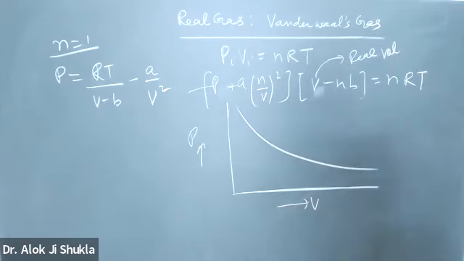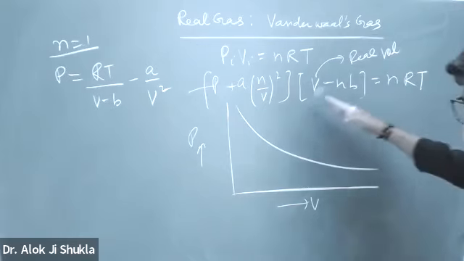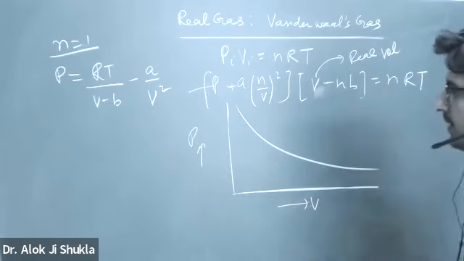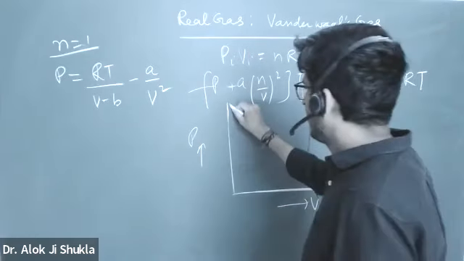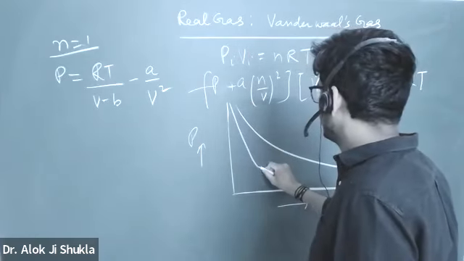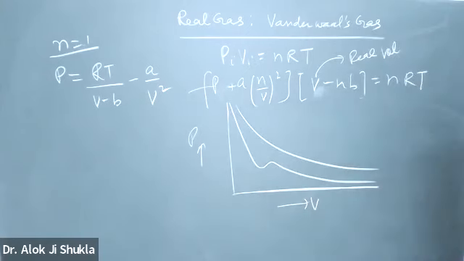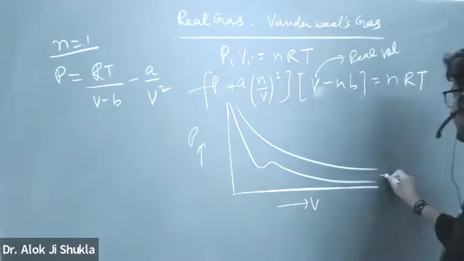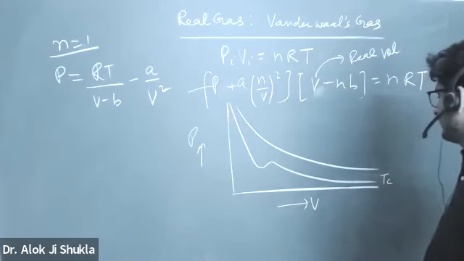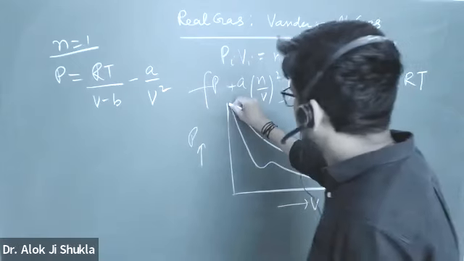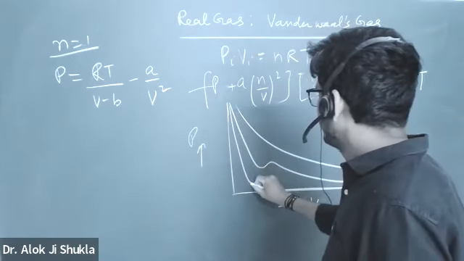right? But if you go below, if you cool it down, then the interactions will become important. They cannot be explained by the ideal gas equation. You will get a graph like this. And below, the temperature where this starts happening is called the critical temperature. And below this temperature, you will get graphs like this.